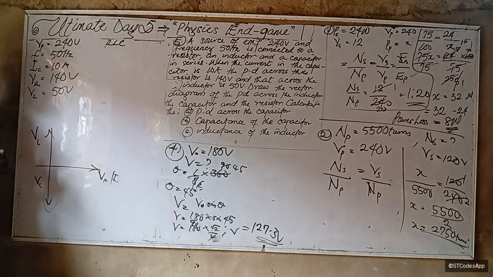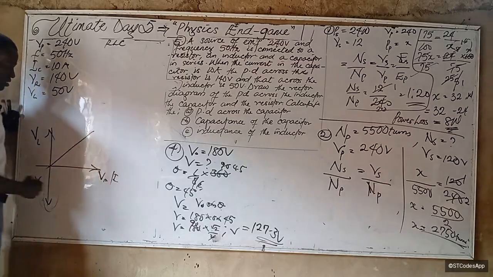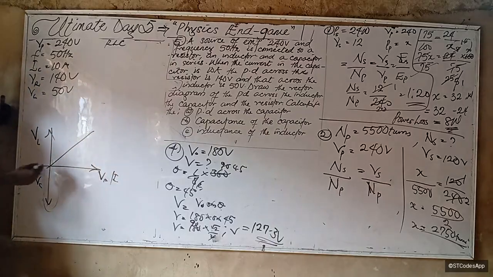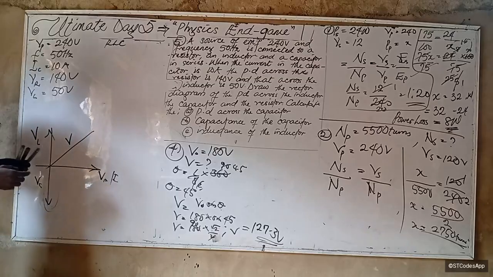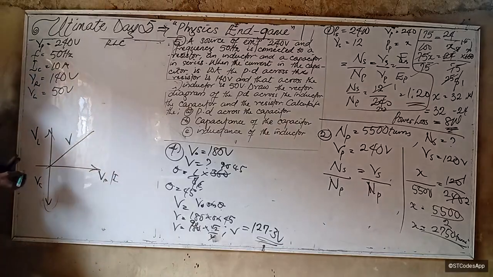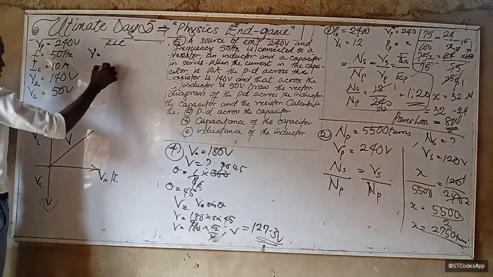This one is in the horizontal axis, right? Where will the resultant go? The resultant will be like this. Is that okay? All right. And that will be V. The resultant V will be like this. Is this clear?